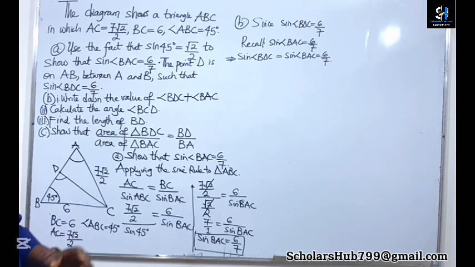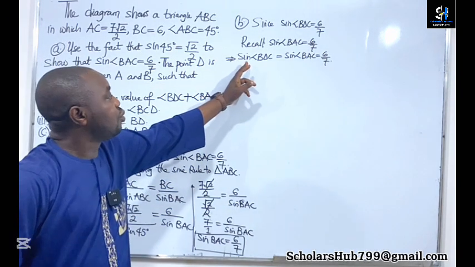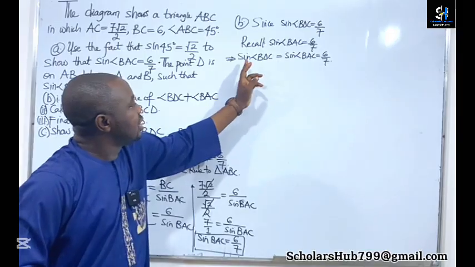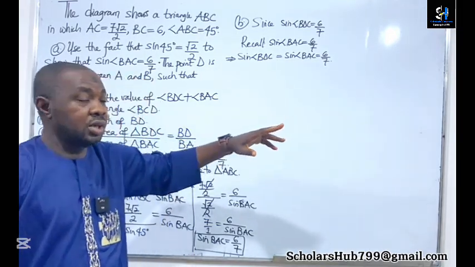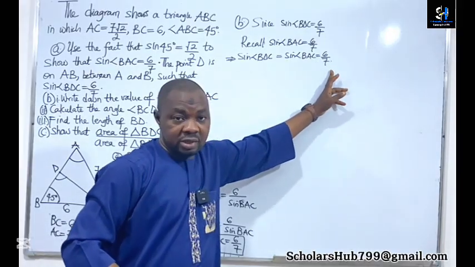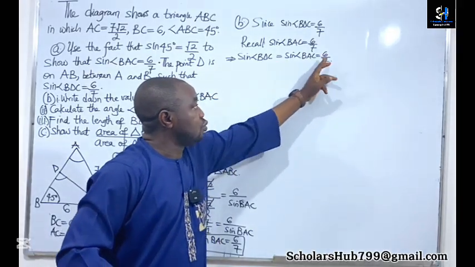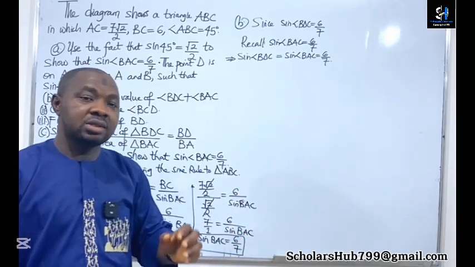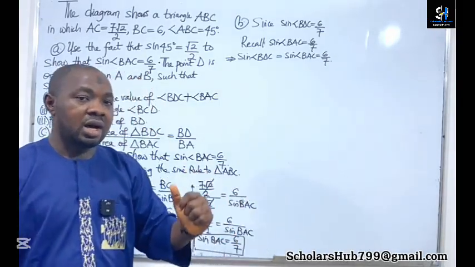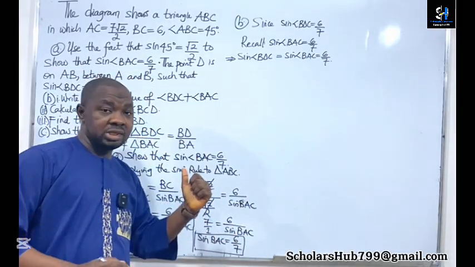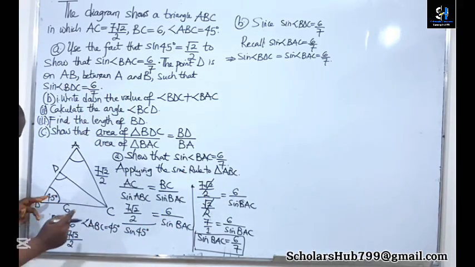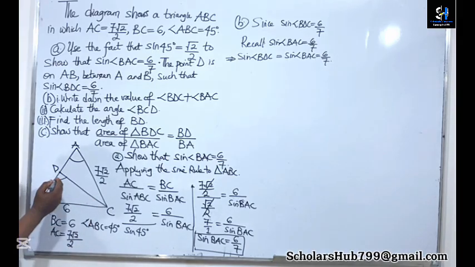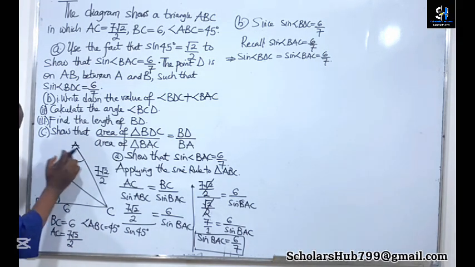Now, this is very important. We can only see from here that sine of angle BDC and sine of angle BAC are both equal to 6 over 7. But that does not mean that the sizes of angle BAC and angle BDC are also equal. When we look at triangle BDC, we know that angle BAC is an acute angle.